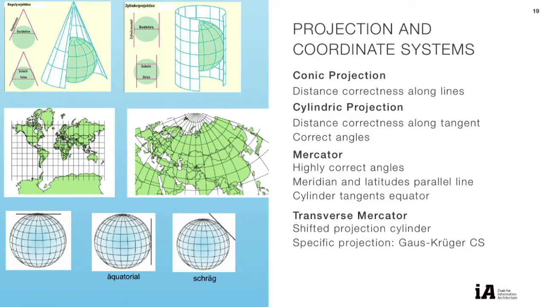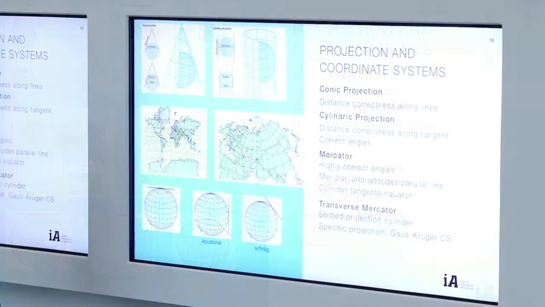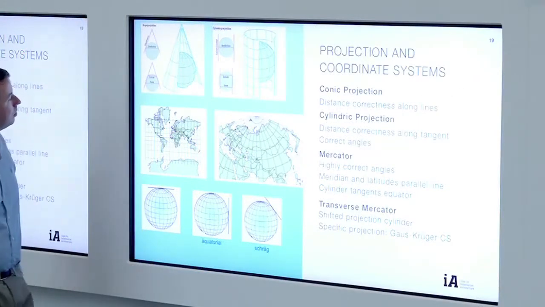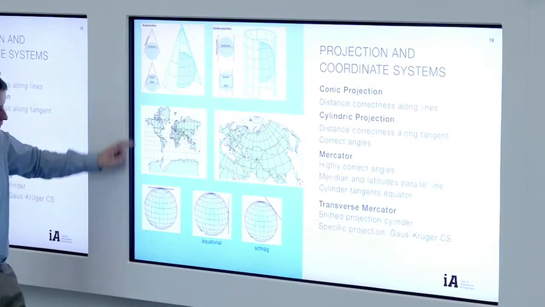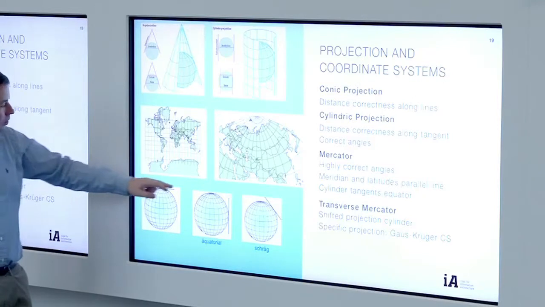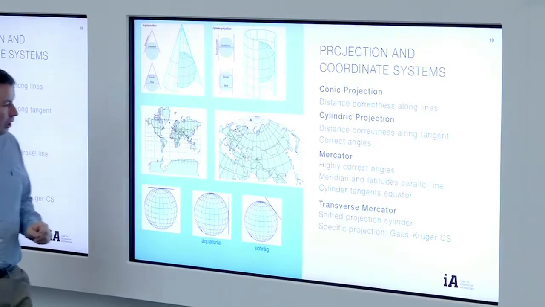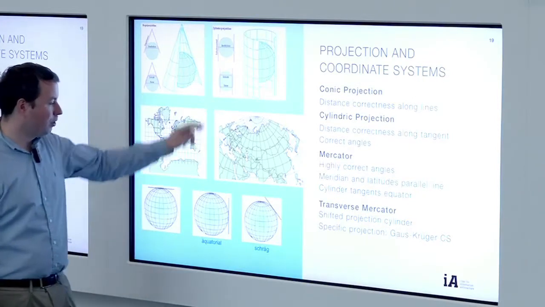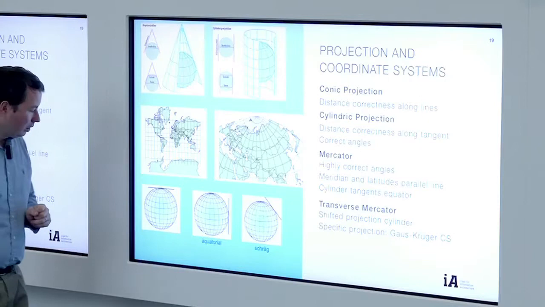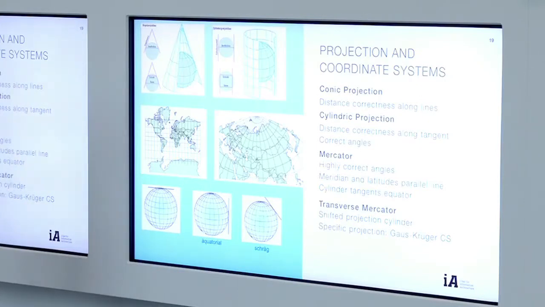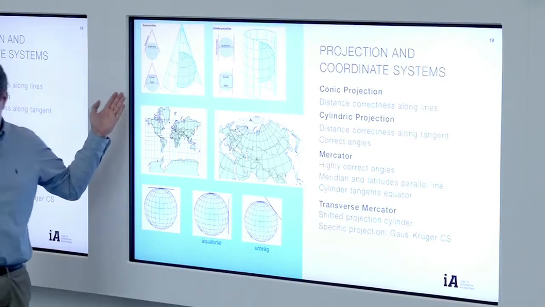Here is a selection of the most common ones. One of the easiest is the conic projection, then the cylindrical projection. The most commonly used one is the Mercator, this one here, and the transverse Mercator projection.